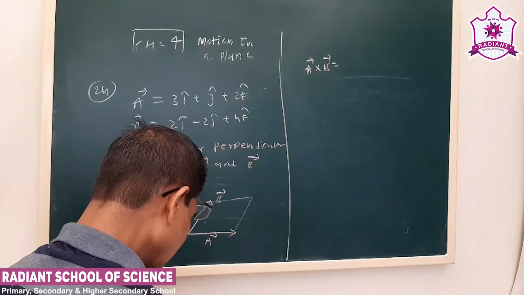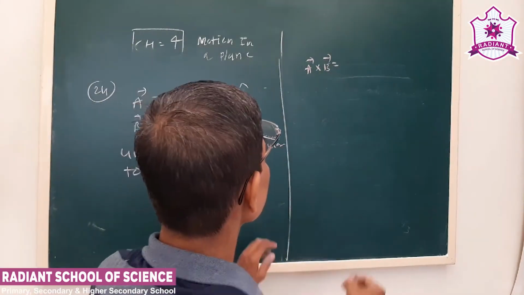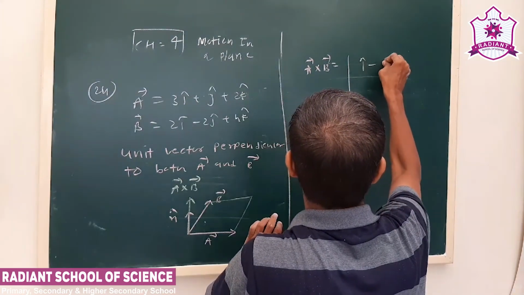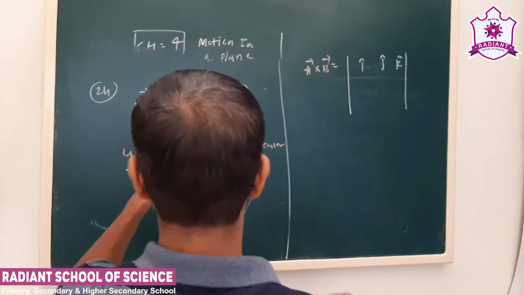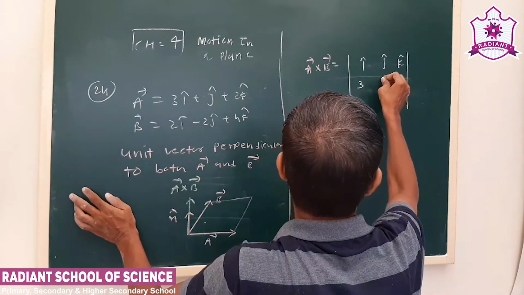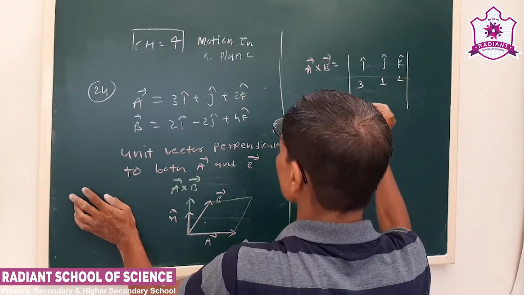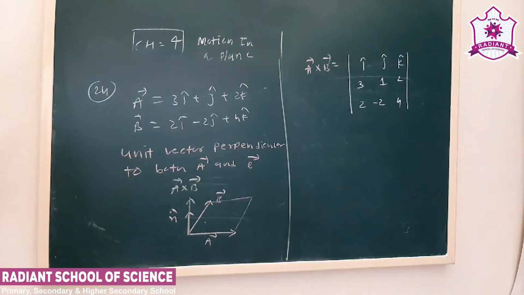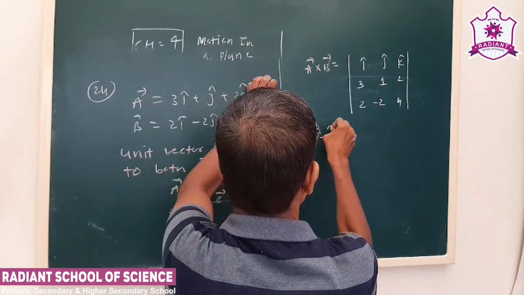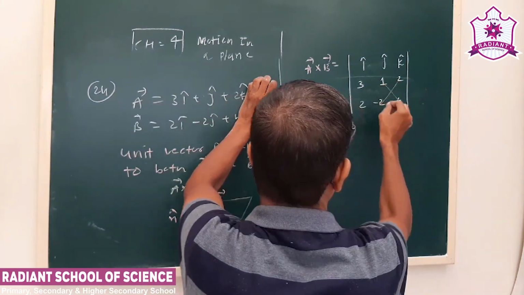See, the vector product is given by A cross B. Okay, now i caret, right diagonal minus left diagonal.